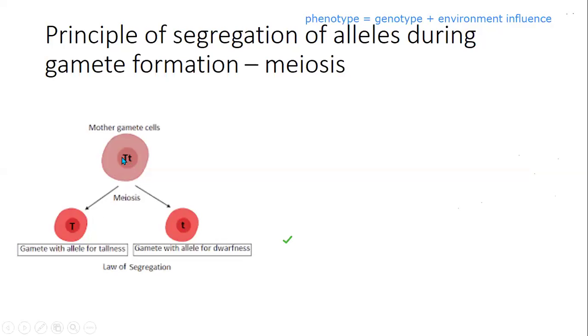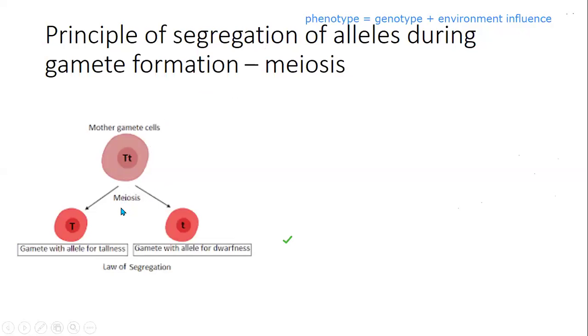In other words, these alleles, much as they always appear in pairs in a cell, during gamete formation are separated. And gamete formation occurs by the process called meiosis. So this separation of alleles during meiosis is what we call segregation.